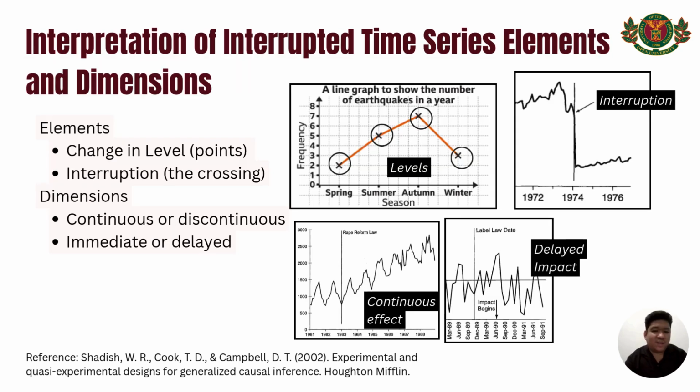So how do we interpret the interrupted time series elements and dimensions? So as you can see here, there are several elements which can be observed in the implementation of the ITS, in particular the levels and the interruption. So usually the levels are the lines that can be observed based on the progression of the policy or the program.